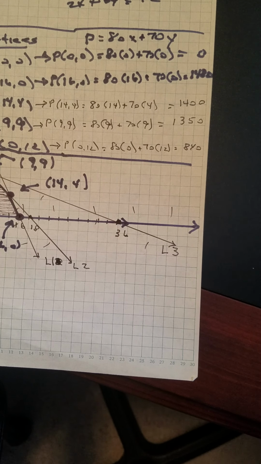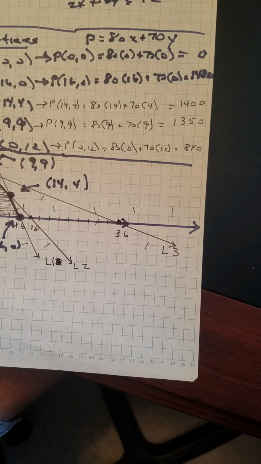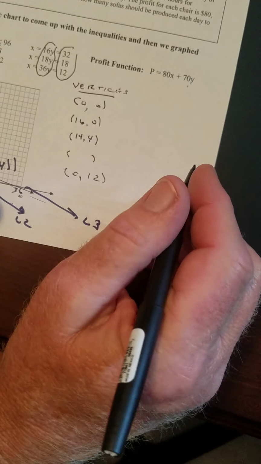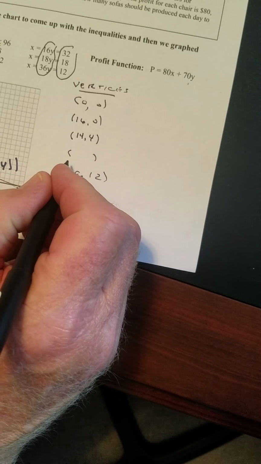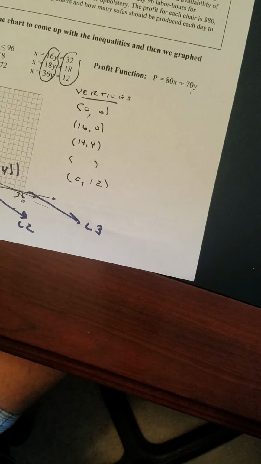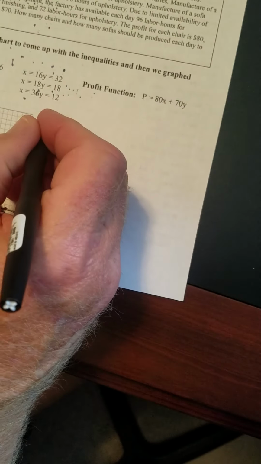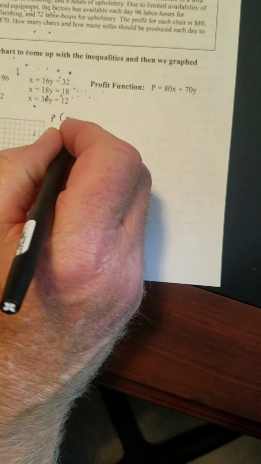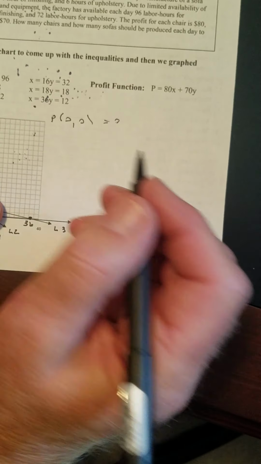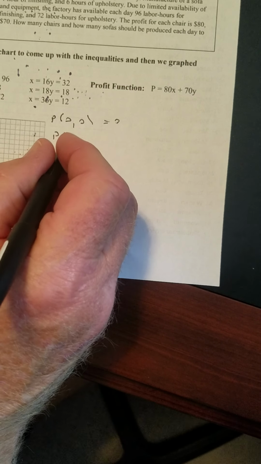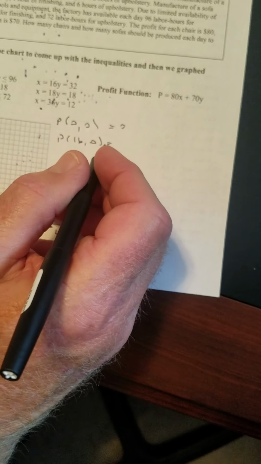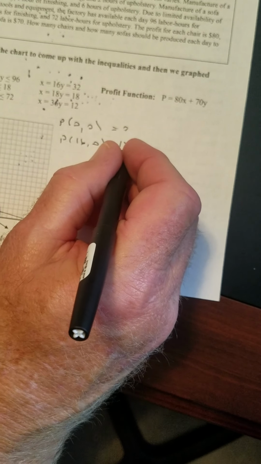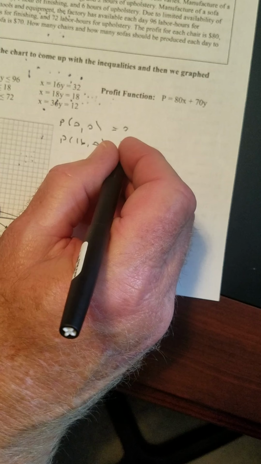Okay, so I know I'm switching sheets again. I'm going to try to keep this a little neater. Okay, so here it is. So I found the profit at 0, 0 to be 0. The profit at 16, 0 to be 1,480.